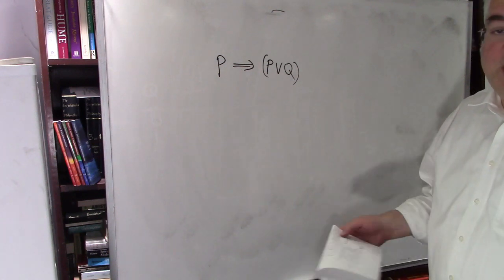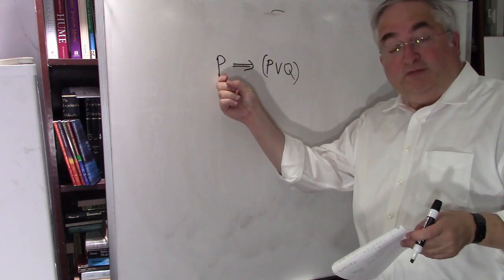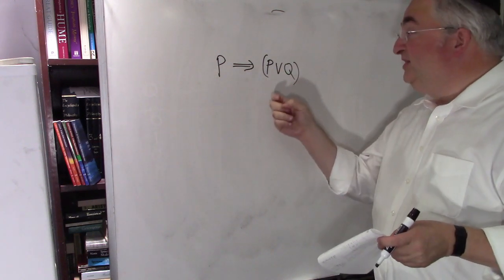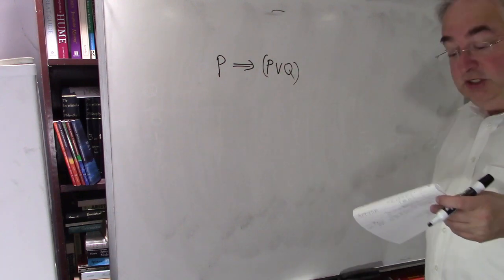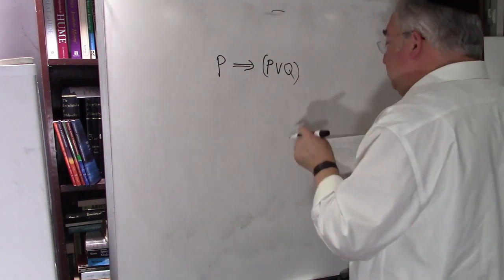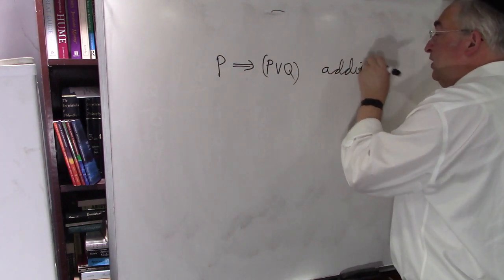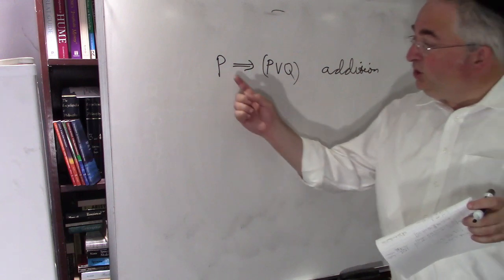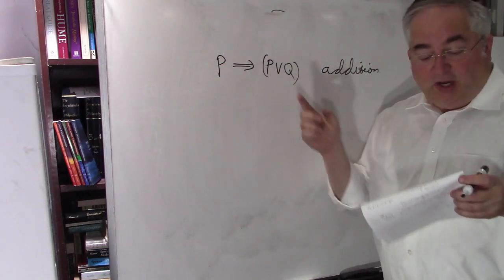Okay, the moon is not made out of green cheese, but listen to the statement. If you assume the Mets are good, then the statement, the Mets are good or the moon is made out of green cheese, is true. Okay, this is called addition. Addition is like adding, because you can add this extra thing. Once you have something that's true, you can add another thing.